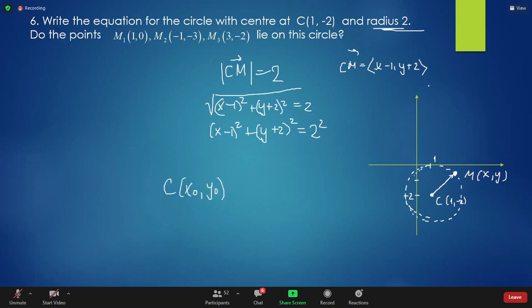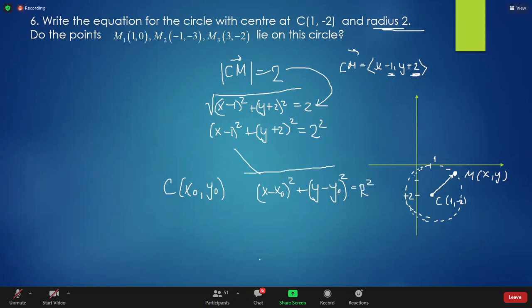So in principle, we have x minus x0 squared plus y minus y0 squared, and this 2 came from the radius. So actually this 4 is the radius squared. And in principle, we already have the equation of a circle in general. This is the general equation of any circle with center x0, y0, and radius simply r.